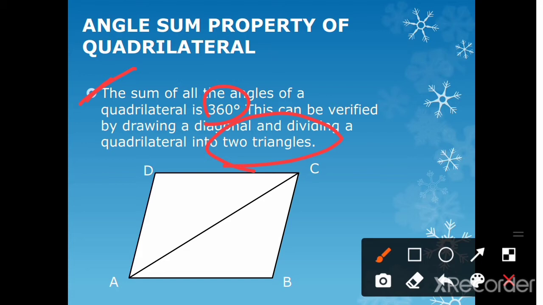How to prove it? First divide this quadrilateral into two triangles.